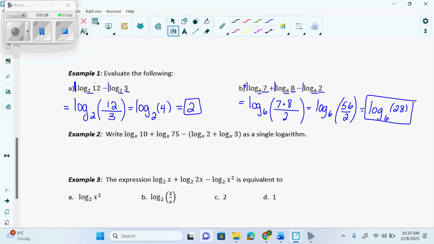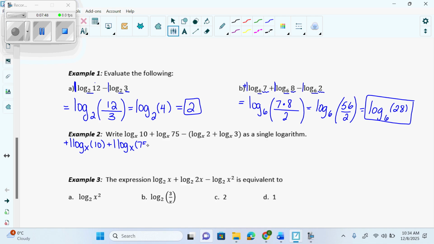Example 2, I'm going to get you to put them together, but we're going to do one step together first. So I'm going to write it out. It wants you to write this as a single logarithm. So I have log base x of 10, which has a plus 1 in front. I have plus 1 log base x of 75.